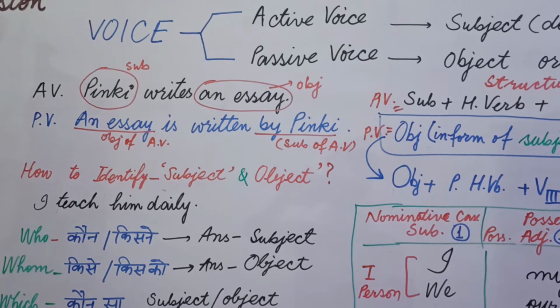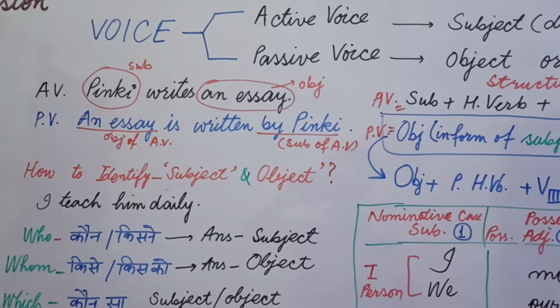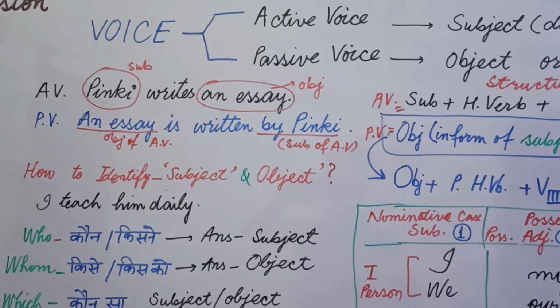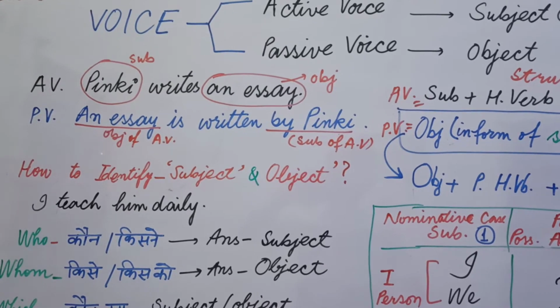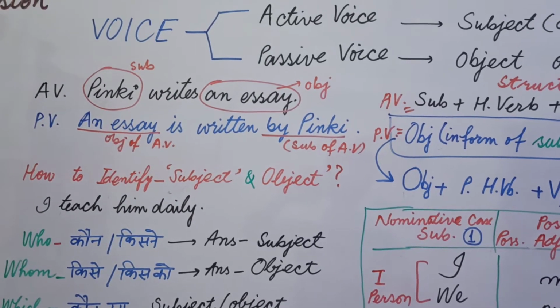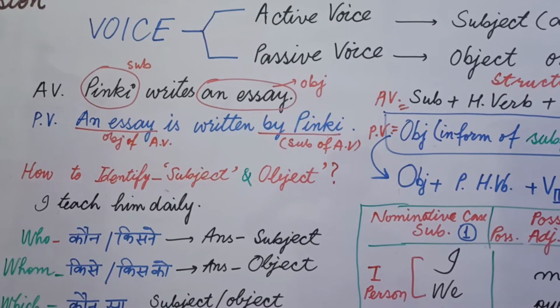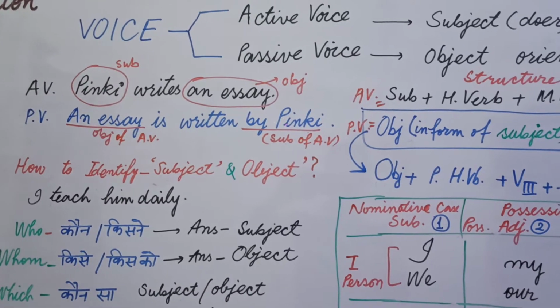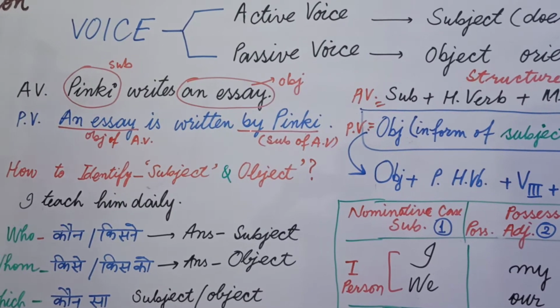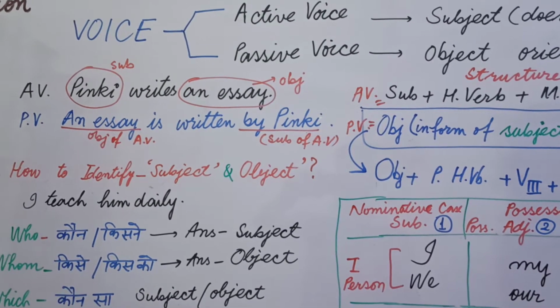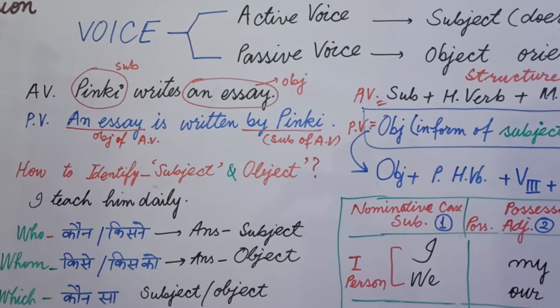When we don't put the doer at the beginning of a sentence, it is called passive voice, and we write the doer after some related preposition at the end of the sentence.